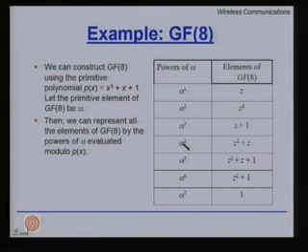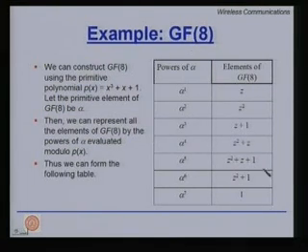Similarly, alpha to the 4: take z raised to power 4, because alpha is represented by z, take it modulo P of x, that is divide by z cubed plus z plus 1, and you will be left with z squared plus z, and so on and so forth. If you carry through this exercise, you will realize that you have 7 elements except the 0 element, which are the elements of GF(8), and it can be verified that all these follow the 8 axioms of a field. Hence, we have just constructed, using a primitive polynomial P of x, the field GF(8) from GF(2).